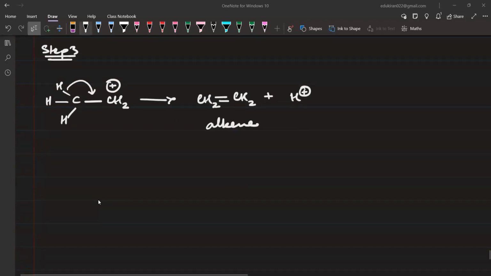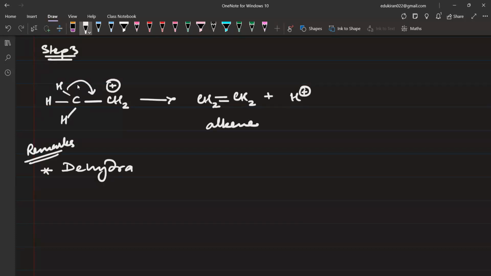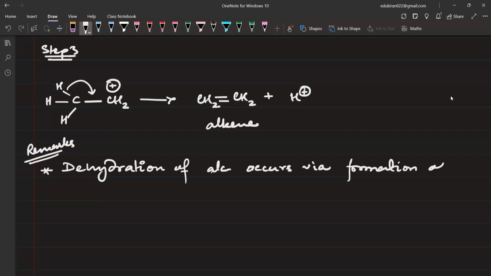After this, you'll write a few remarks. Write the first point. Dehydration of alcohol occurs via formation of carbocation.